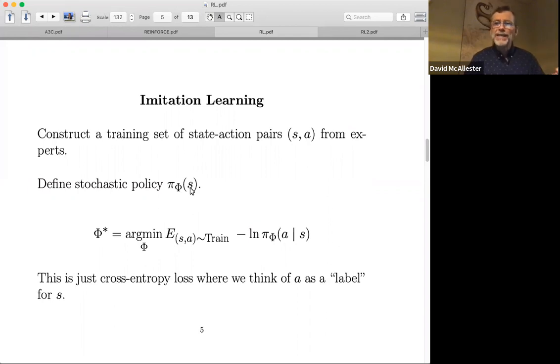And what that means is that those differences can accumulate over time, so that the distribution on states that you're encountering is not the same as the distribution on states that the expert encountered, because the expert steered the system very subtly into good states. And if you haven't learned the expert perfectly, that steering into good states is going to be a little bit misguided and you're going to steer into bad states.